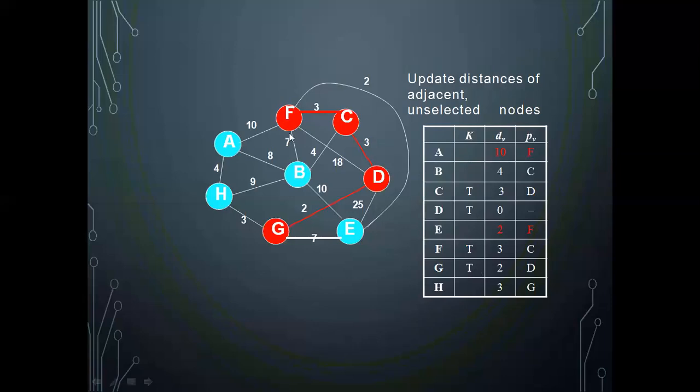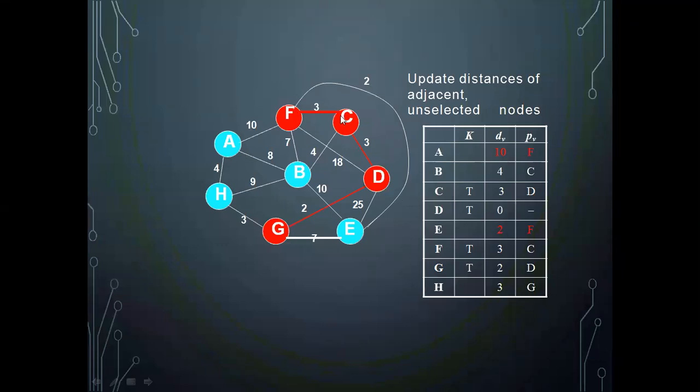F is connected with F to A with weight 10 and F to E with weight 2. So these are the connections.